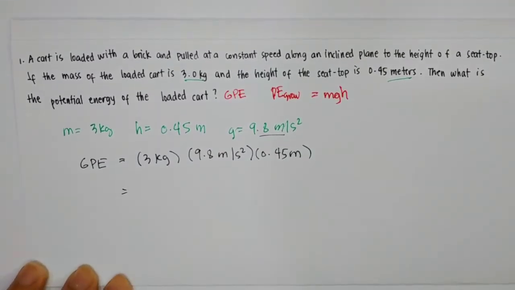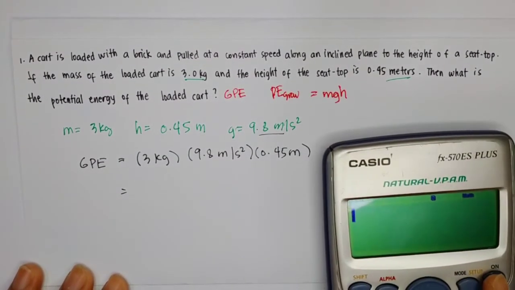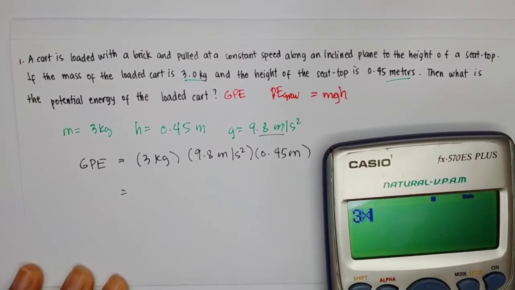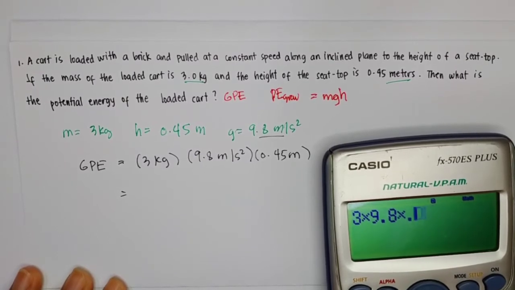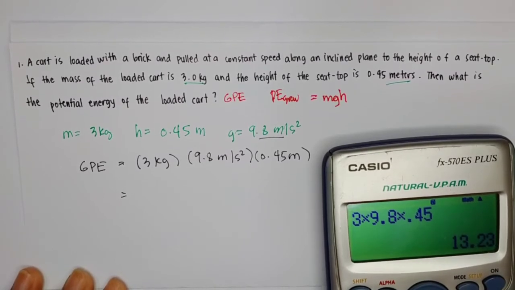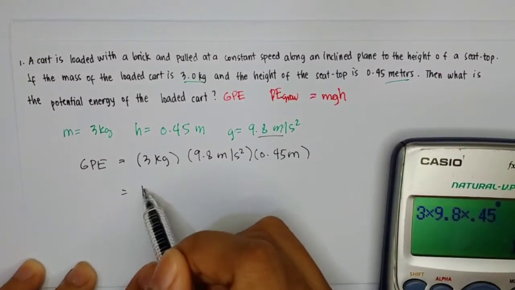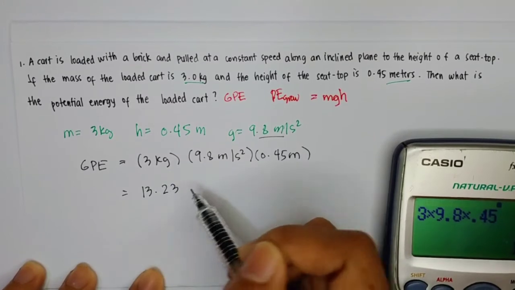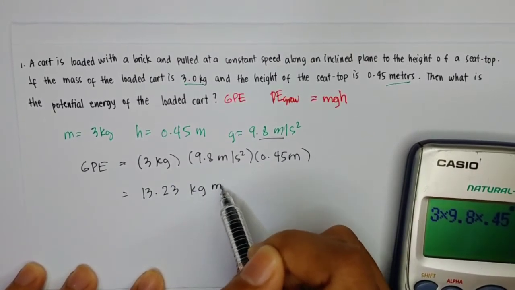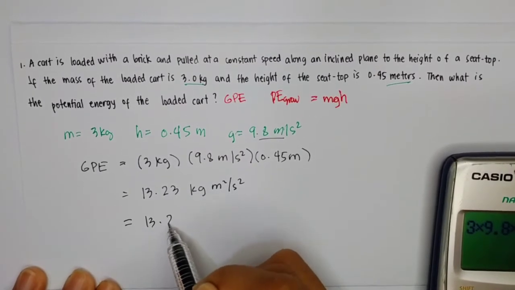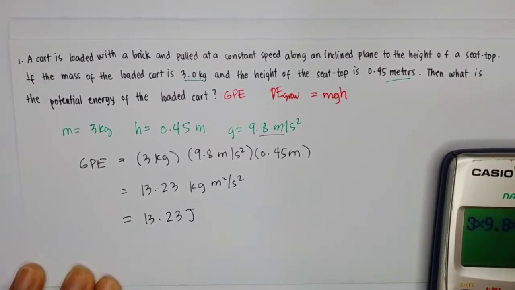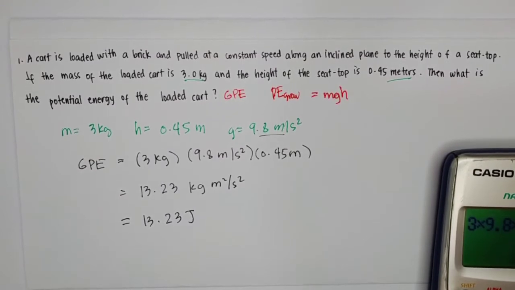By solving this, we have 3 times 9.8 times 0.45, that is 13.23 kilogram meter squared per second squared, or 13.23 joules. So that is our answer for number 1.